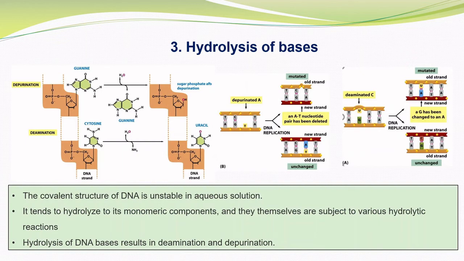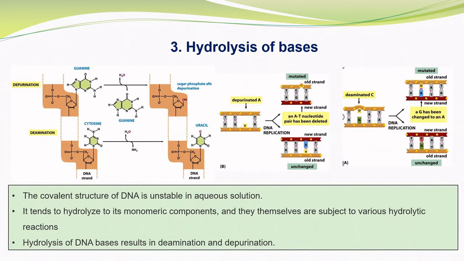Hydrolysis of bases is another type of DNA damage. DNA consists of long strands of sugar molecules called deoxyribose that are linked together by phosphate groups. So you know that the DNA backbone is made up of deoxyribose sugar, and these sugar molecules are linked together by phosphodiester bonds.